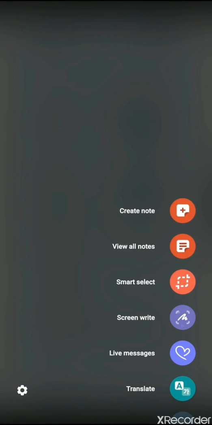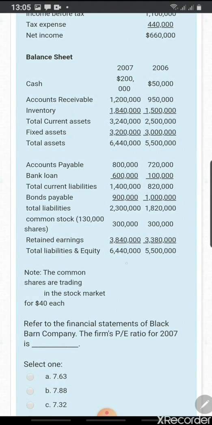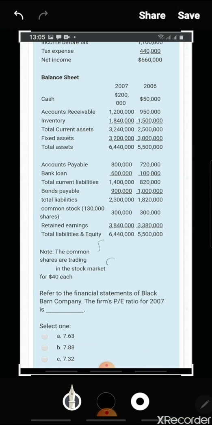So first you will have to calculate the earning per share, which is net income 660 divided by the number of shares, which is 130. You will get an EPS of, wait, just let me calculate it.